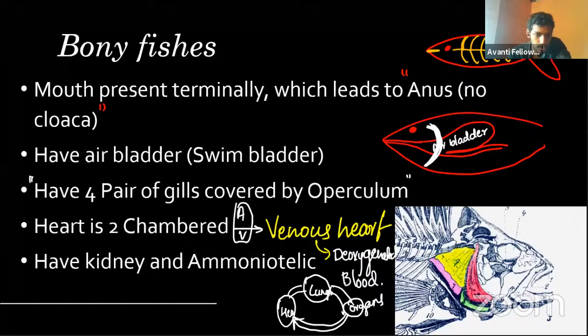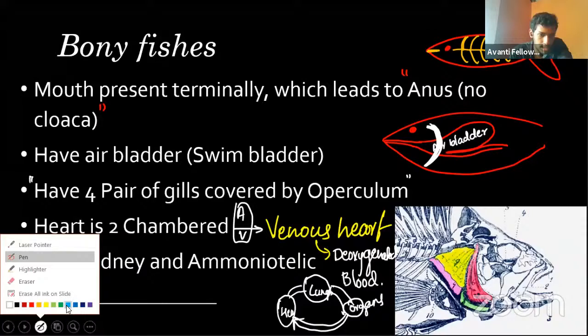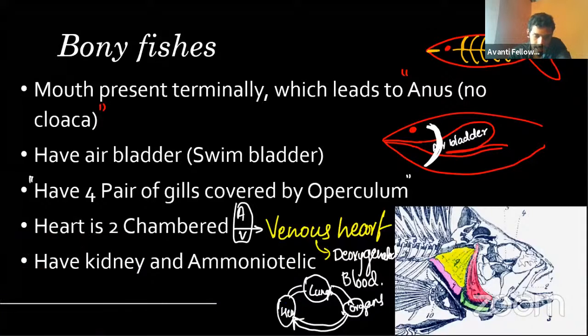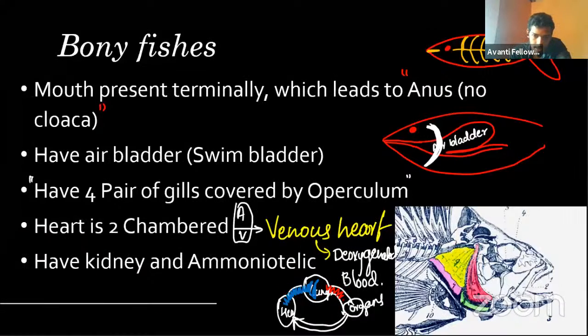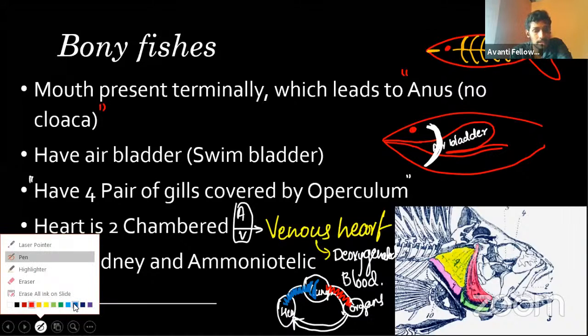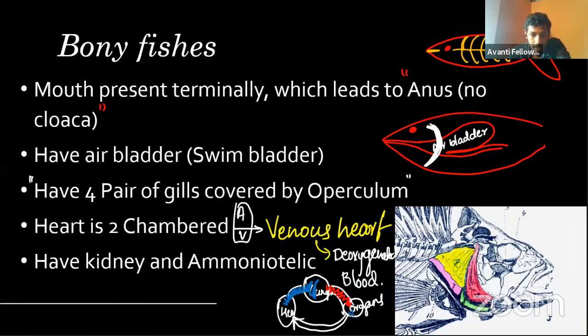I'm writing it using color now. I'm using blue for deoxygenated. Here, deoxygenated blood is going to the gills. The gills transfer this deoxygenated blood into oxygenated blood, and it goes to the organs. Organs utilize the oxygen and give out carbon dioxide.